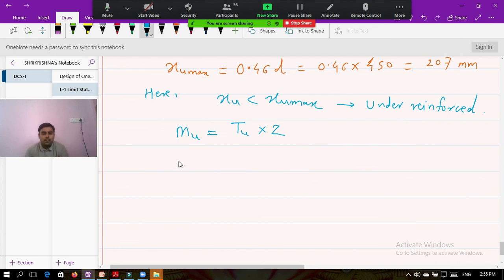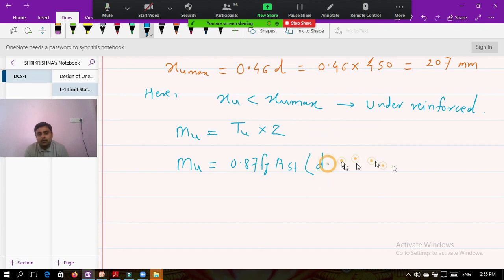So now Mu is equal to Tu, 0.87 fy Ast in bracket d minus 0.42 xu. So now again put the values. So Mu is equal to 0.87 into fy.